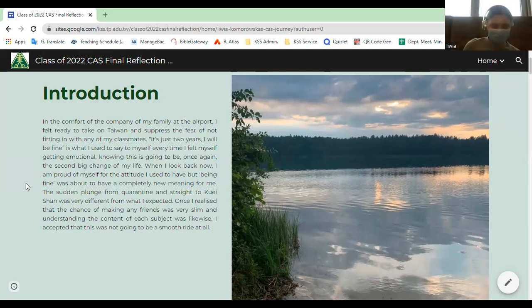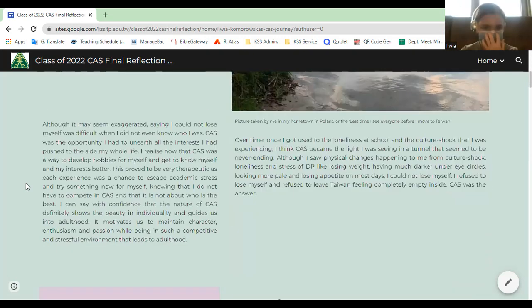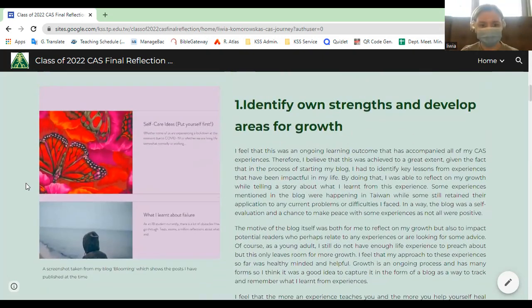So in the introduction, I talk about moving to Taiwan and the whole experience. And I think that was the starting point of personal growth. So I basically just took advantage of the situation that I was in, and I could integrate that with some of the learning outcomes. So for personal growth, if Mr. Lee could scroll down, it shows an example of some of the ideas that I had for my blog.